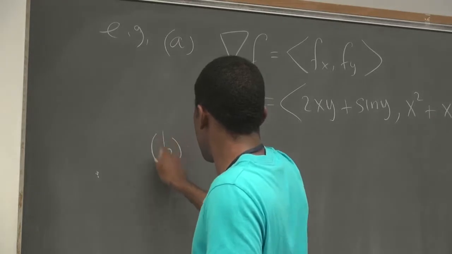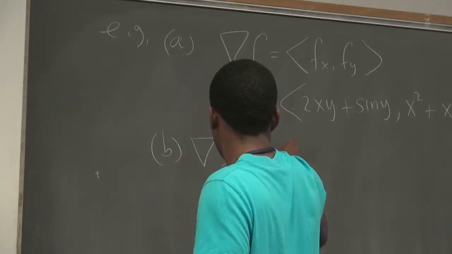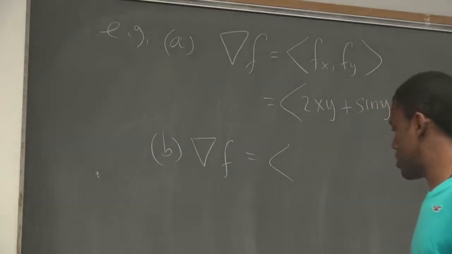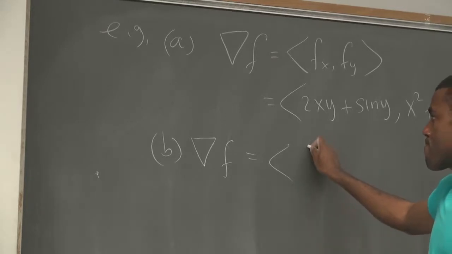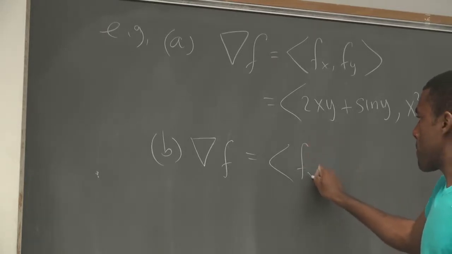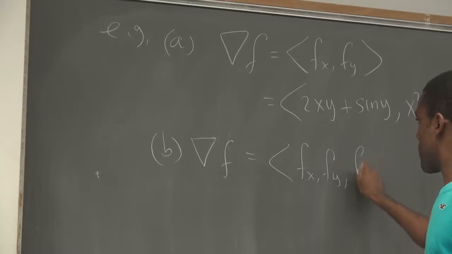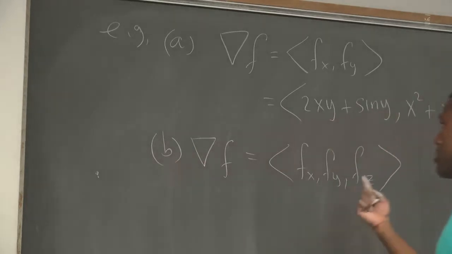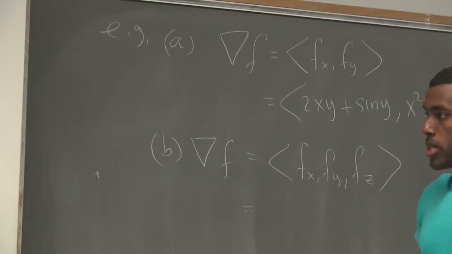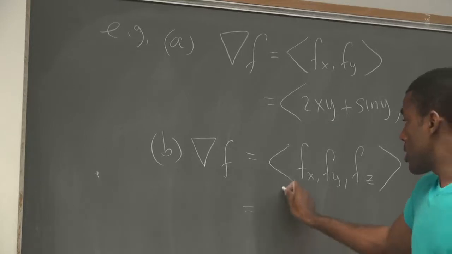Good. Part B, here the gradient f is equal to, by definition, f sub x. There are three variables there, so I know it's going to be a three-dimensional vector. For each variable, I'm going to differentiate with respect to the component I'm currently in.